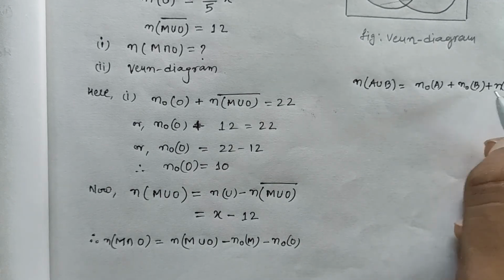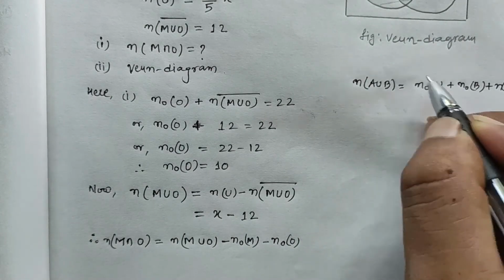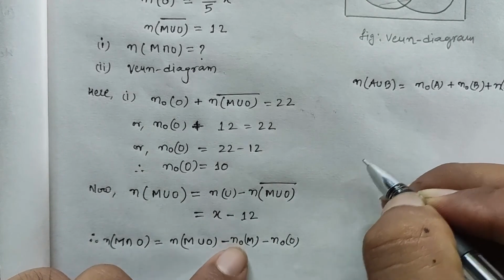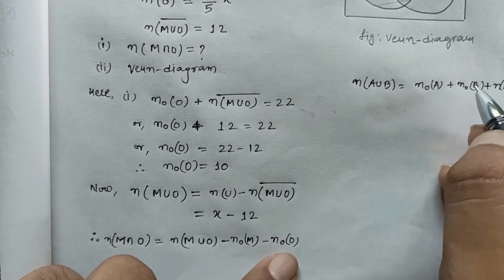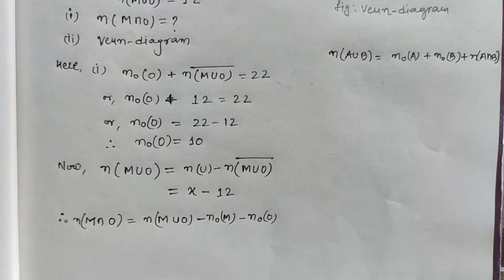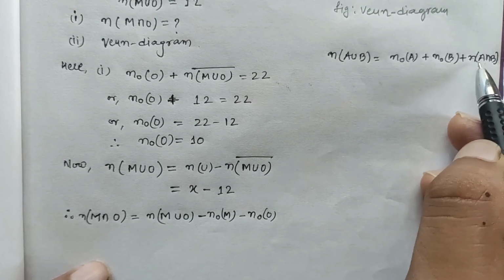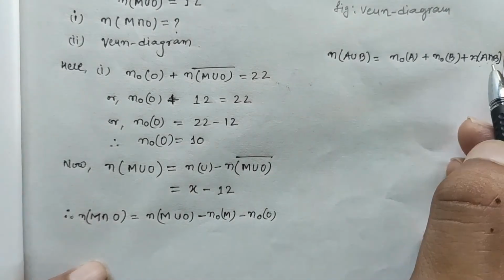So these two go to the left side, and the intersection is left, so we can find n(A intersection B) from this formula.